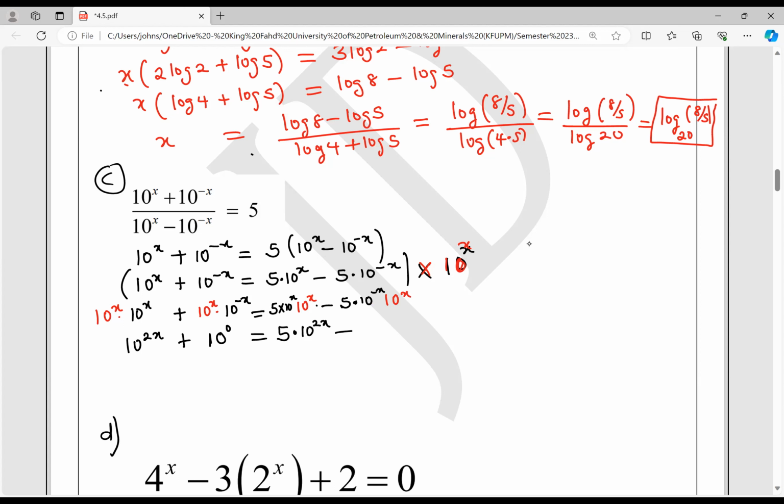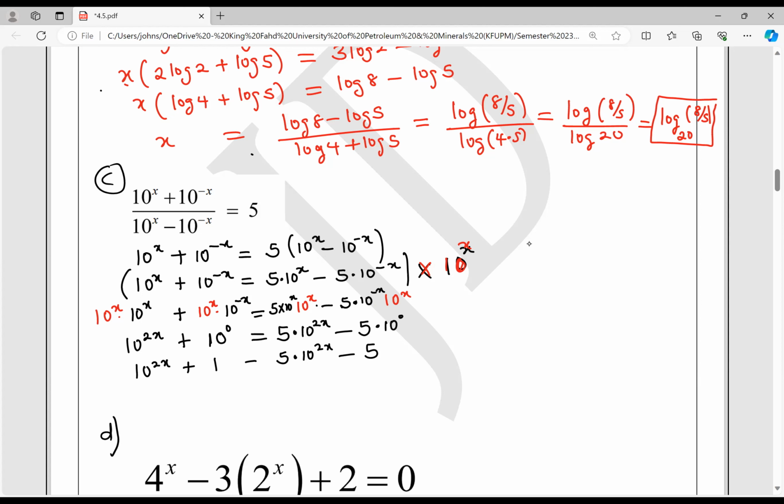And here also becomes 5 times 10 to the power 0, which is 1. So clearly, this is going to be 10 to the power 2x plus 1 is equals to 5 times 10 to the power 2x, minus 5 times 1, which is just 5.